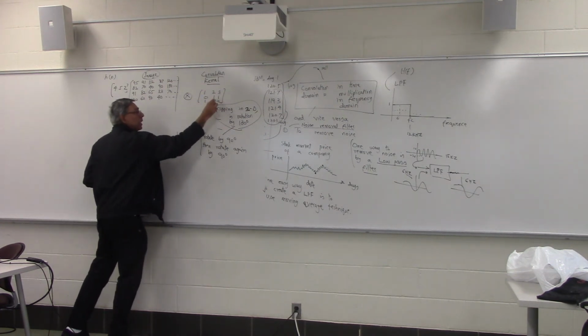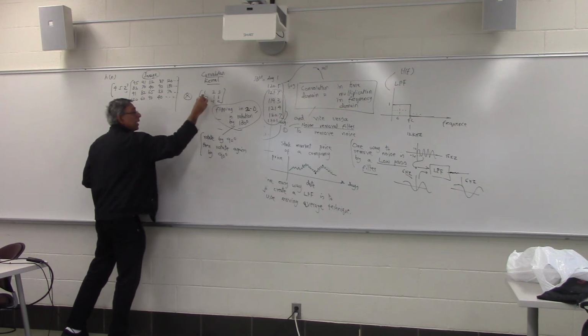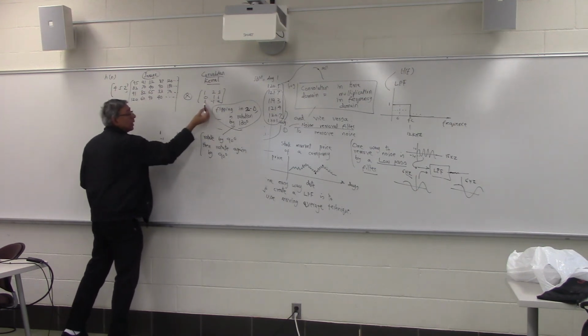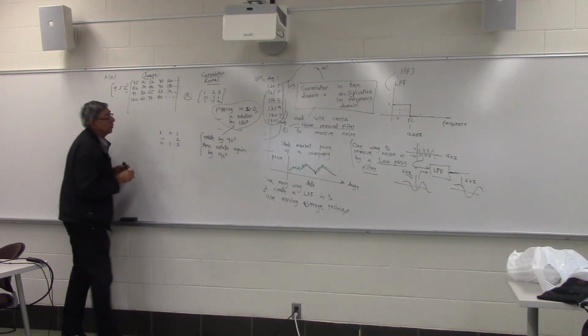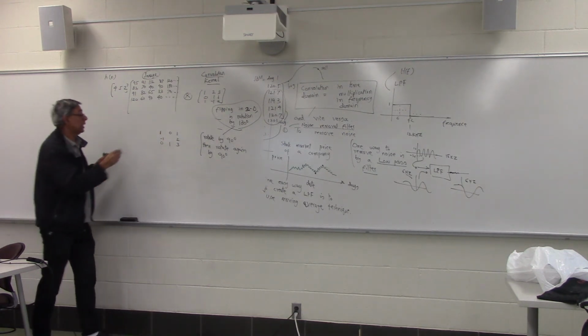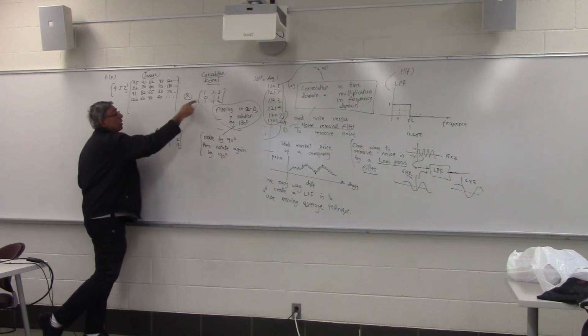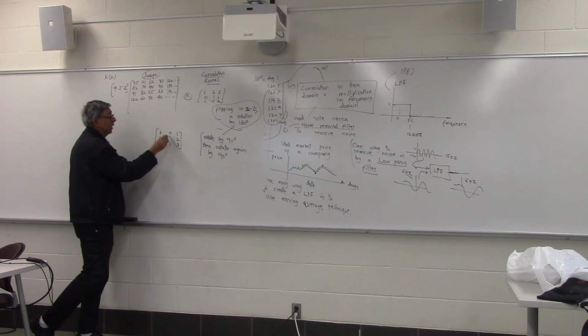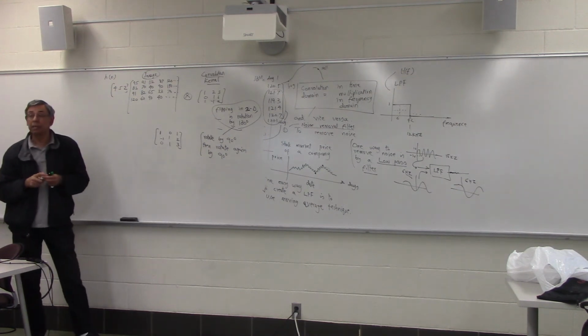Just go on the outer boundary and start rotating. So 1, 2, 3, 3, 1, 0, then 0, minus 1, 1, then 1, 0, 1. This is a 90-degree rotation of this 2D matrix, and the center element doesn't move, it stays the same.